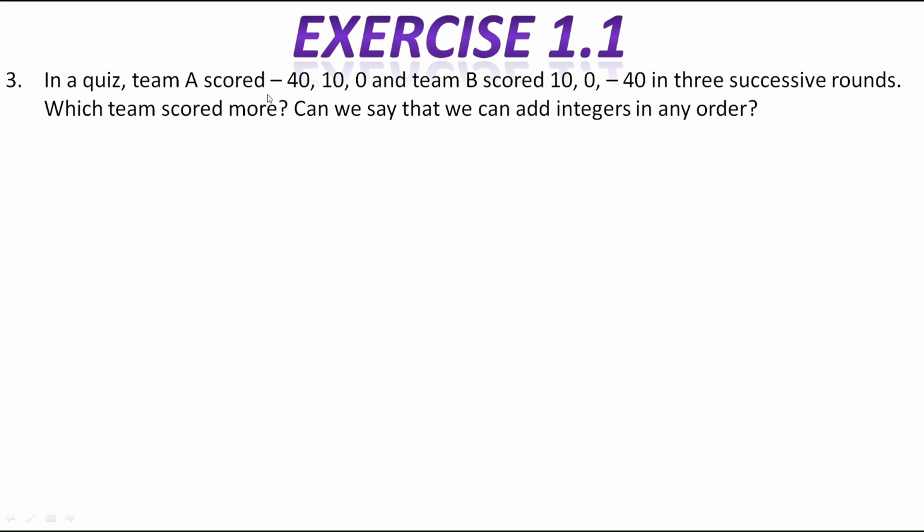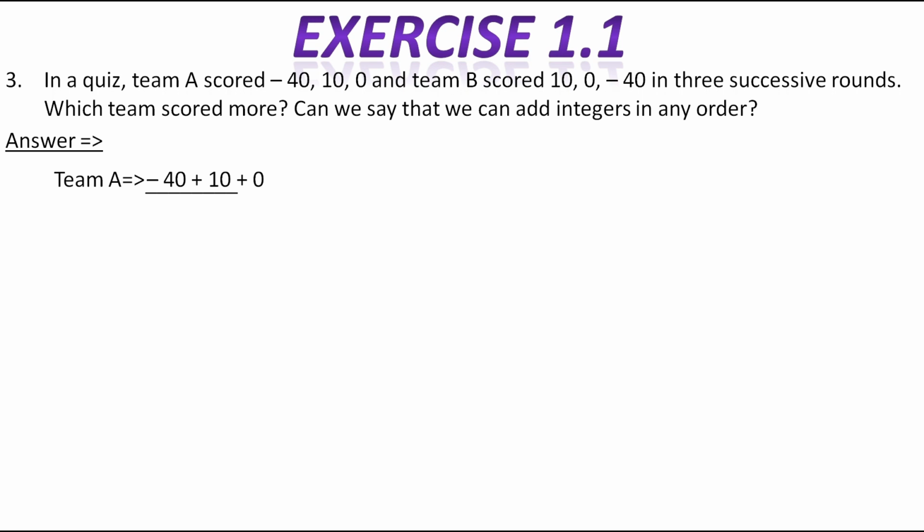We will find the total score of team A. For that we have to add these numbers, minus 40 plus 10 plus 0. As we have 3 integers, we should make a group of the first 2 integers or the last 2 integers. So I'll make a group of the first 2 integers and add them first. Here both the numbers have different signs, so we have to subtract.